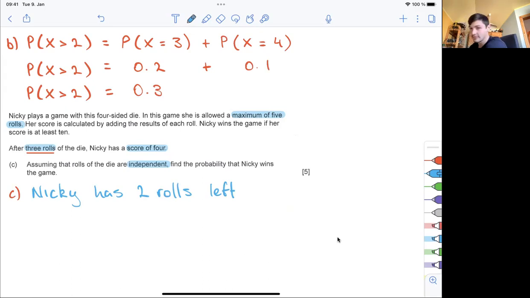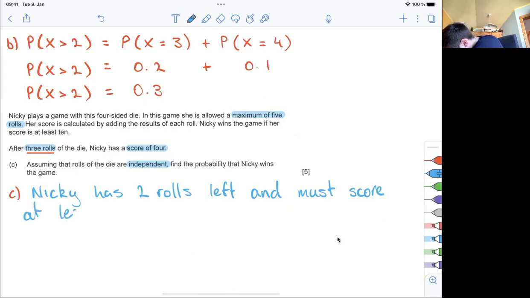She must score 10 from the 5 rolls. So if she's already got a score of 4, that means she must score at least 6 in these 2 rolls. Okay, so she has 2 rolls left and must score at least 6 to win.